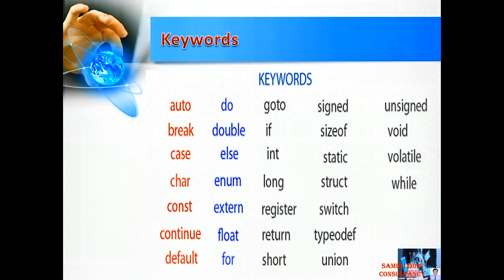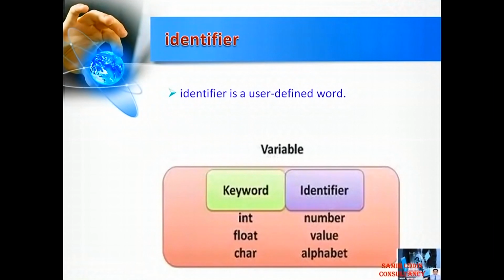Next is identifiers. Identifiers are used to define words. An identifier is nothing but a user-defined word, like the name of a person, like Shoaib, Tausif, Hemant, Rafi, etc. It is used to represent various programming elements such as variables, functions, arrays, structures, unions, and so on.